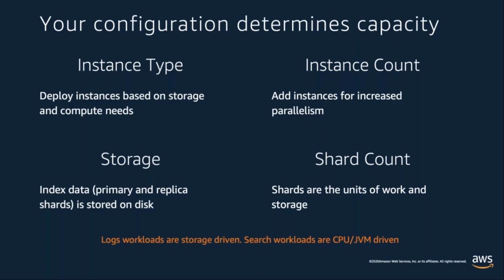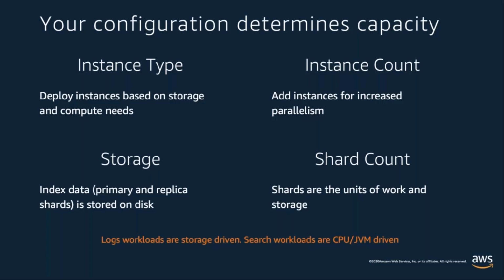We have a number of different knobs that you can turn. So your instance type will determine the core storage and CPU counts. The instance count allows you to increase your parallelism and deploy your workload across more than one instance.